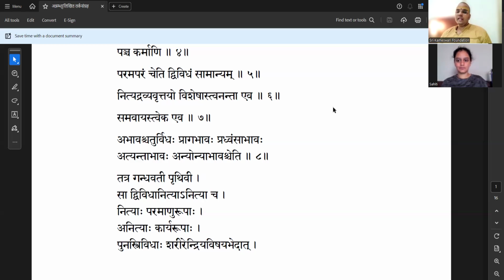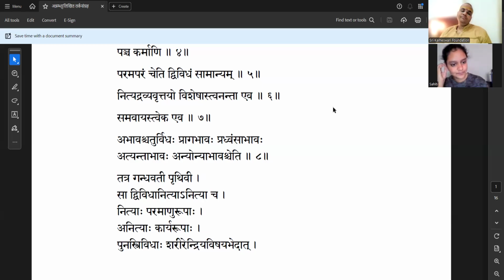Because of the light of the sun, they are submerged in that light, so you are not able to identify them. Similarly, due to certain things, certain elements will not be seen or experienced. So there is no avyapti also. This definition stands perfect.